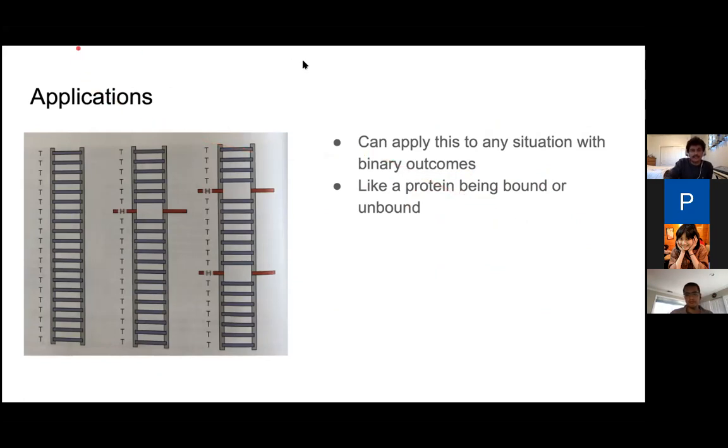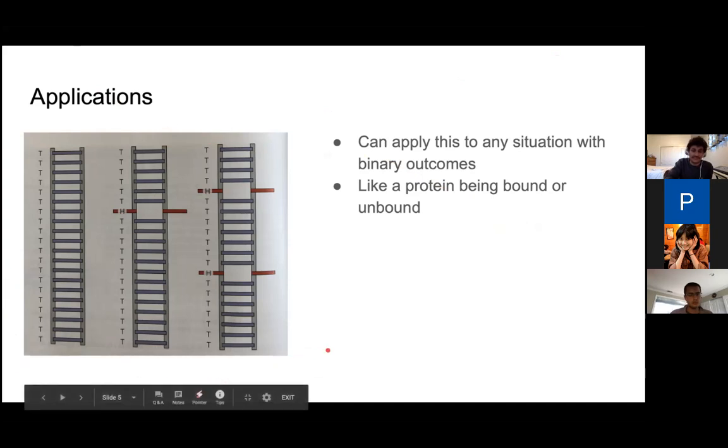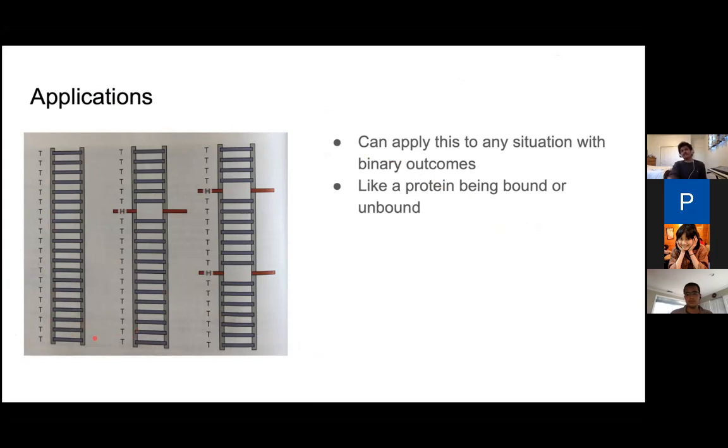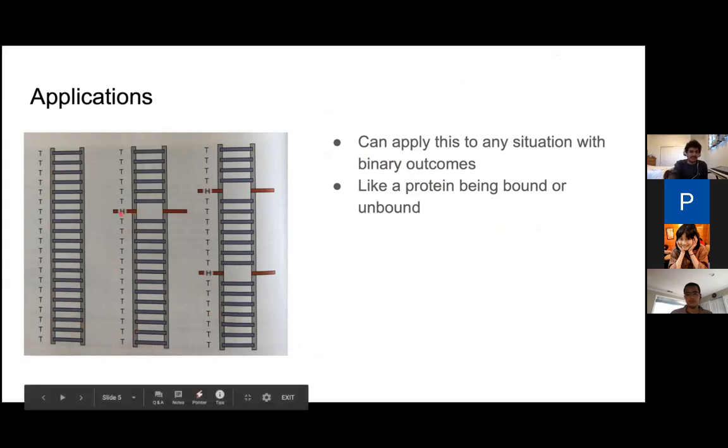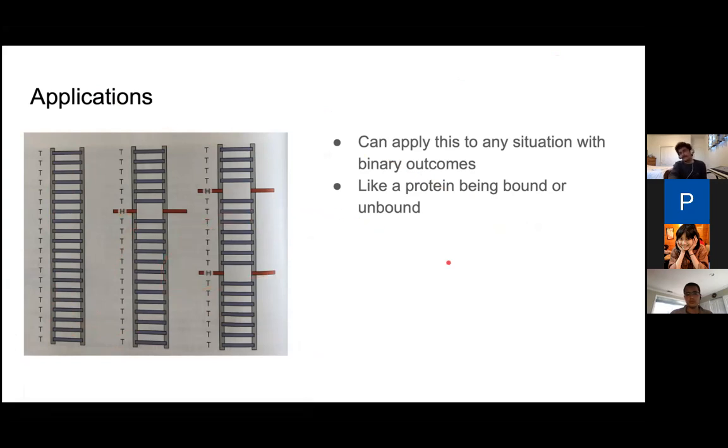And over here in this picture is, I think, maybe a problem on your homework, or you might see it on the test: in this DNA molecule, out of these 20 nucleotides, how many ways can I have one nucleotide base pair unbound? How about 2 base pairs unbound? 8, whatever. So that's the type of thing we'll be looking at.